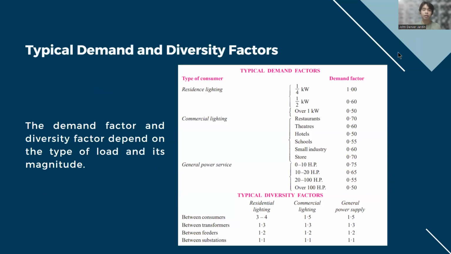Typical demand and diversity factor. The demand factor and the diversity factor depend on the type of the load and its magnitude.